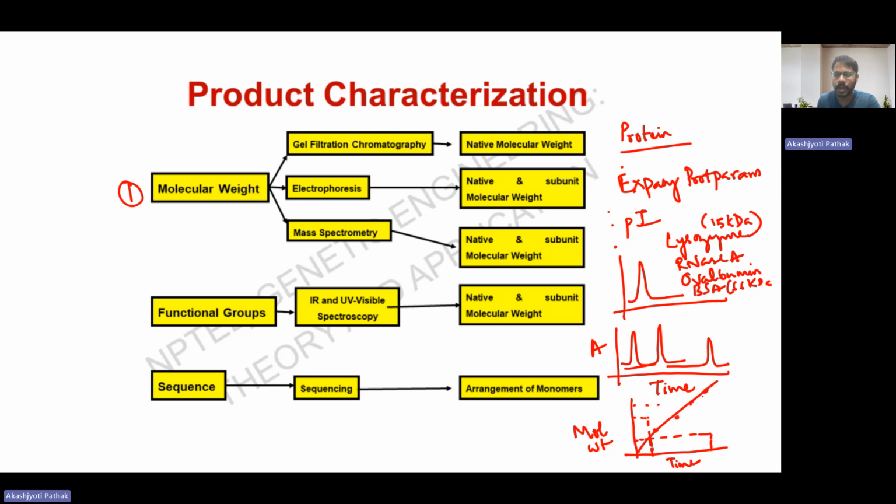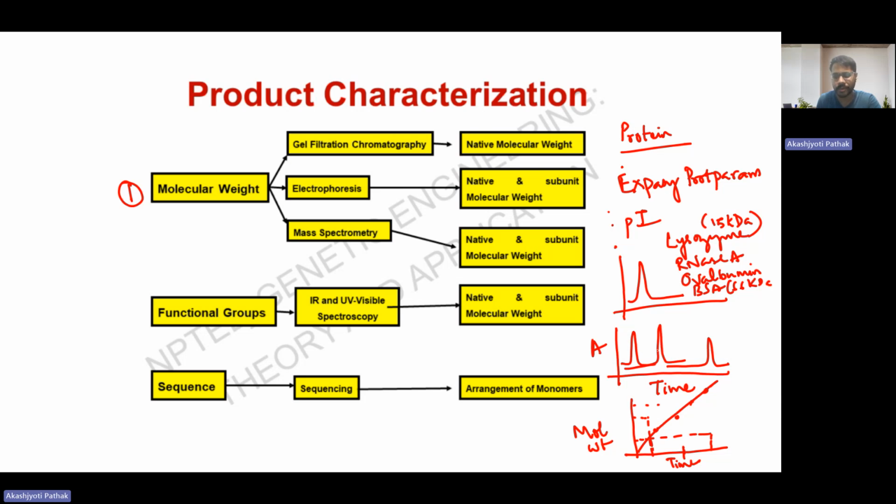Now you inject the protein which you have purified into the column. It will be eluted at a particular time. Once you have plotted the standard curve and after you inject your protein of interest, you will again have a peak.